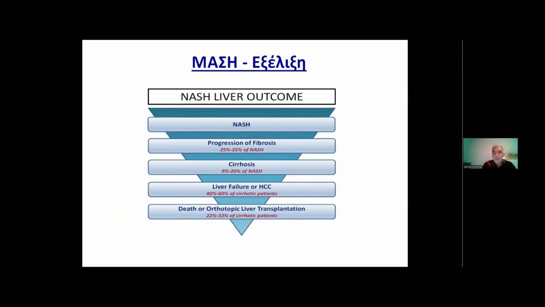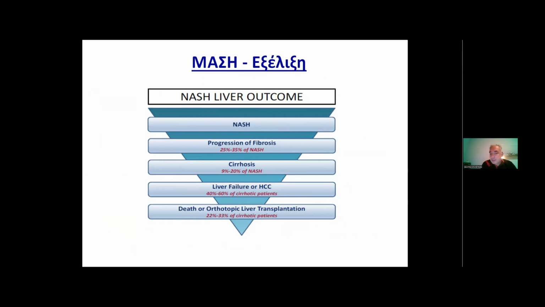So how is the progression exactly of the non-alcoholic steatohepatitis outcome? The progression from non-alcoholic steatohepatitis to fibrosis is in 25 or 35% of cases. And in 9 to 20% of these cases become cirrhosis. In 40 to 6% of these cases, we have liver failure or cancer, hepatocellular cancer.